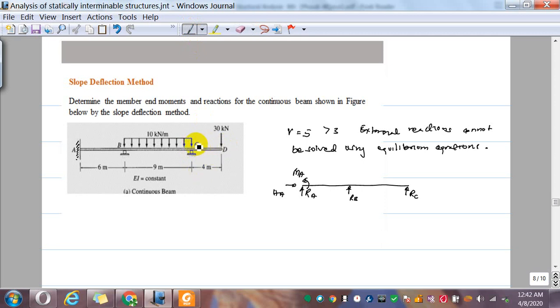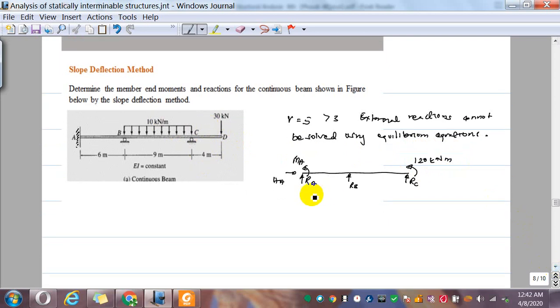The internal resistance is counterclockwise, that is 120 kilonewton meter. So I simply transfer this 30 kilonewton load acting at 4 meters into a moment at C. Okay, simple. So now this is my structure.